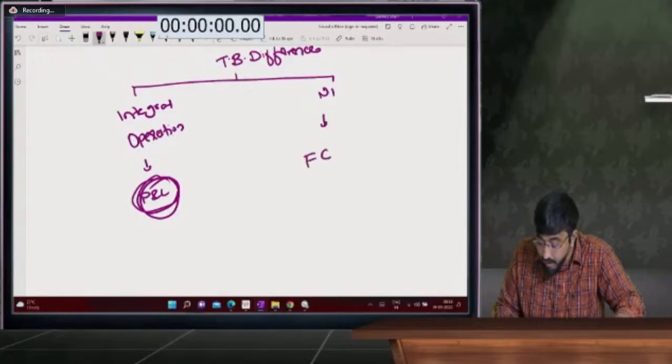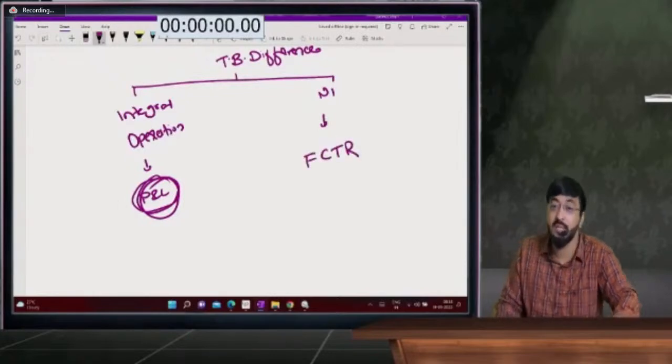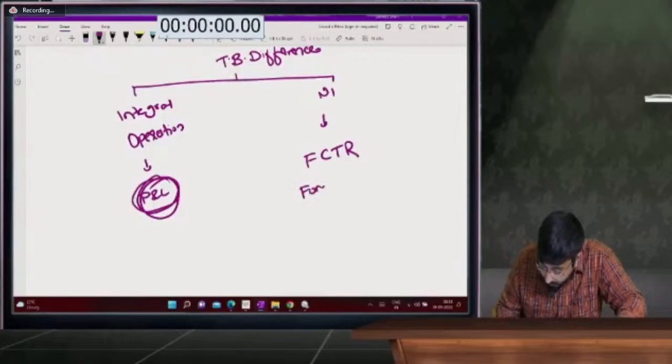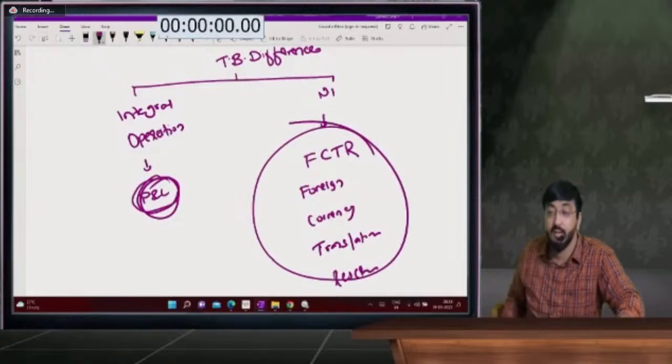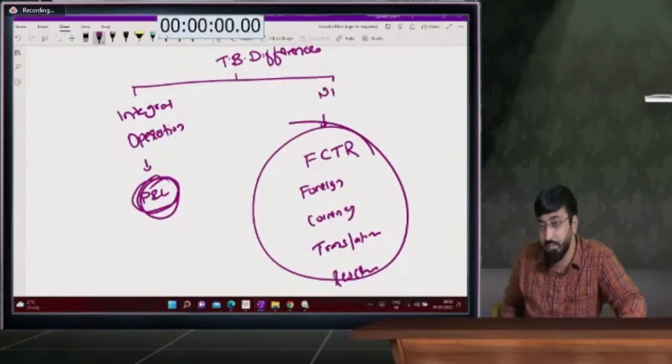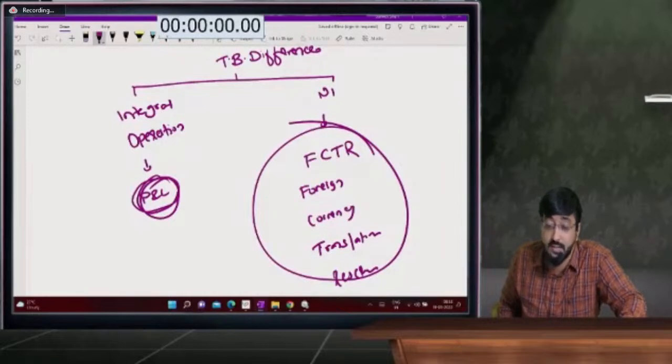in the FCTR account. Now what is the FCTR account? F for foreign, C for currency, T for translation, and R for reserve. Foreign currency translation reserve. So beta, whatever the difference is, it is adjusted in the foreign currency translation reserve account.